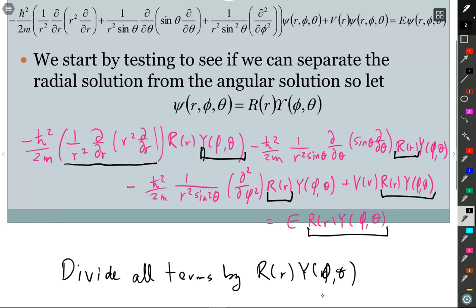And so if we divide them, the constant ones will divide out. So I'm going to have, I have to put the R of r here. That won't divide out because the derivative depends on it, but that will divide out. This one here, I'll have to put over Y. This one here, they both cancel out. And this one here, they both cancel out.